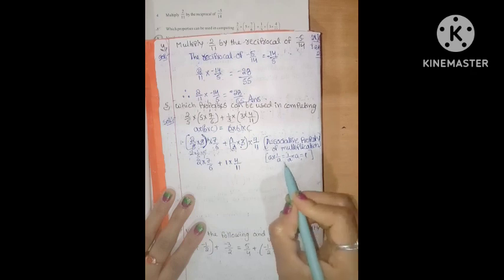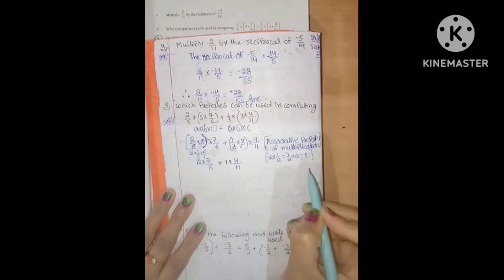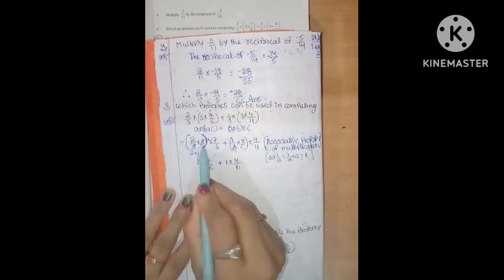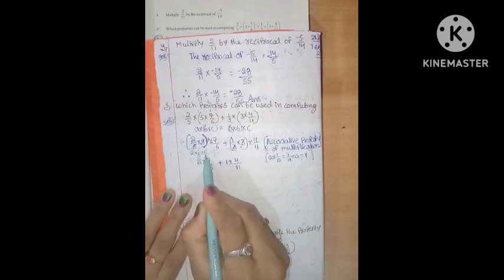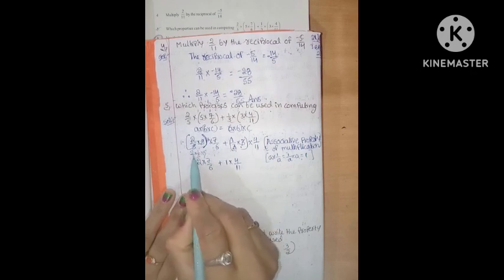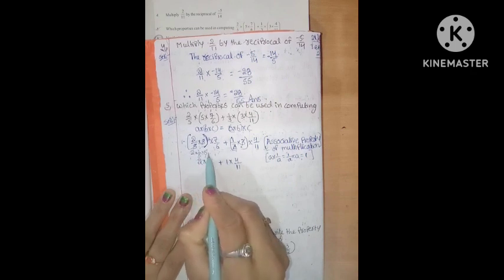Do you know this property, Gagan Sai? The multiplicative inverse property is used in this product, because 5 is the multiplicative inverse of 1 by 5. Okay, 2 by 5 can be written as 2 into 1 by 5 into 5.